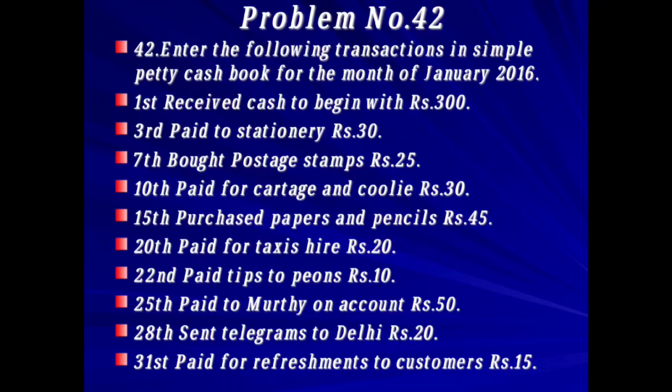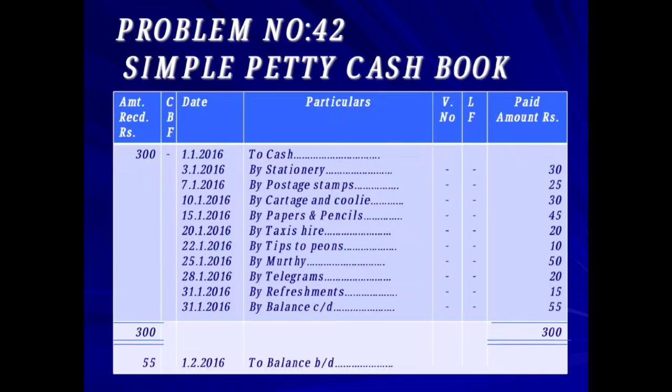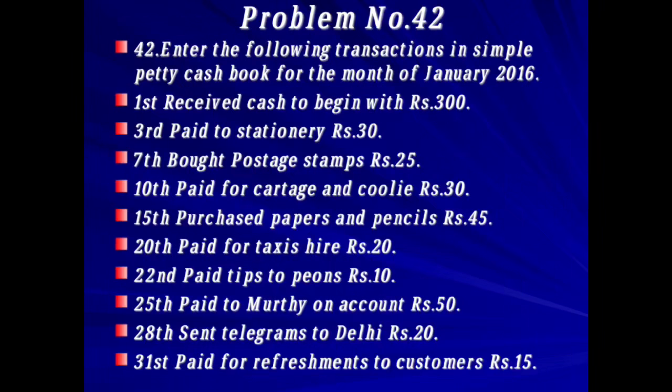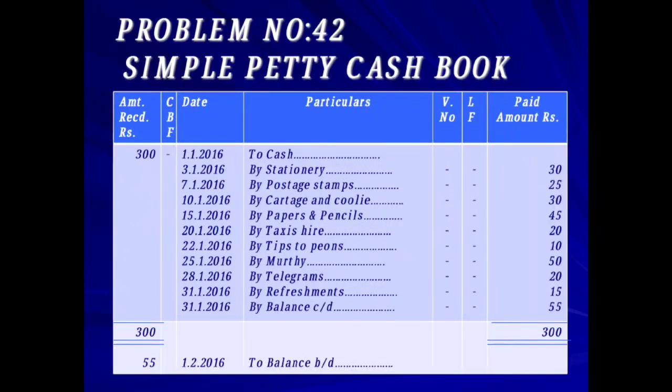Again a payment: 10/1/2016, by cartage and coolie rupees 30, which we have paid off. The next, on the 15th, purchased papers and pencils rupees 45. So on 15/1/2016, by papers and pencils rupees 45, we record as payment.